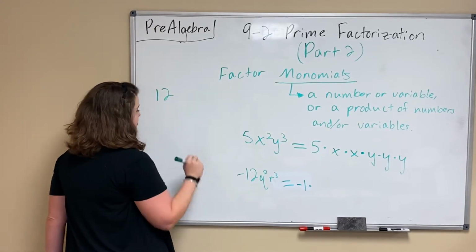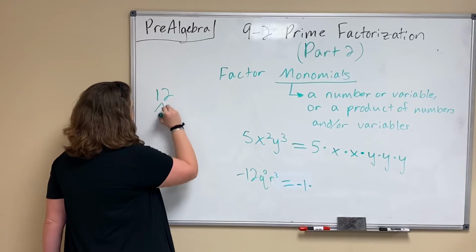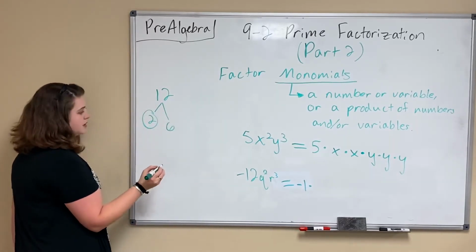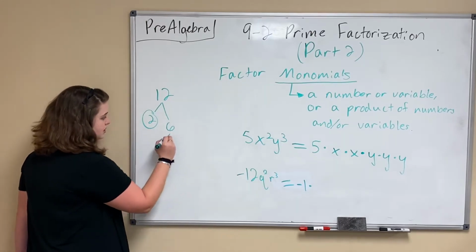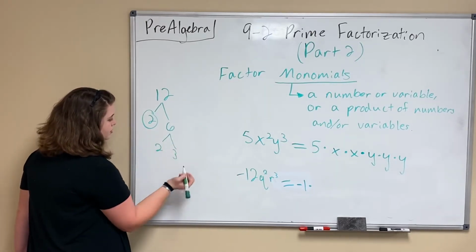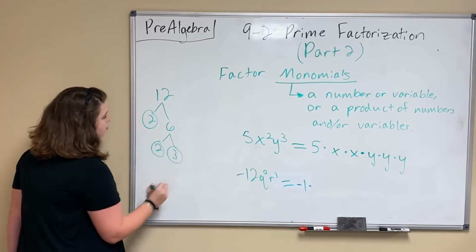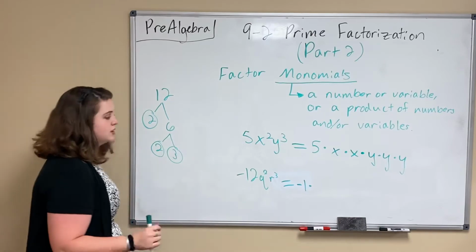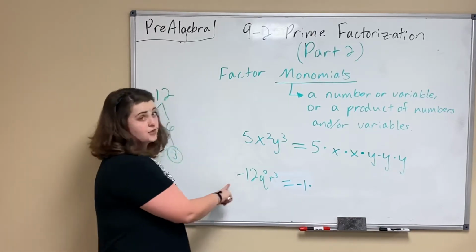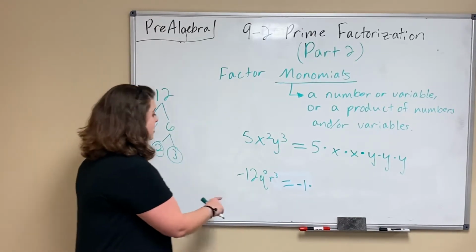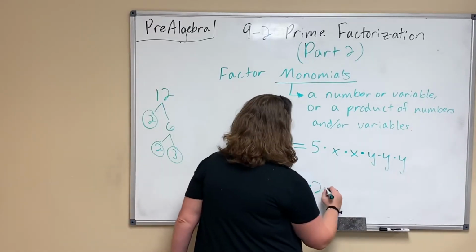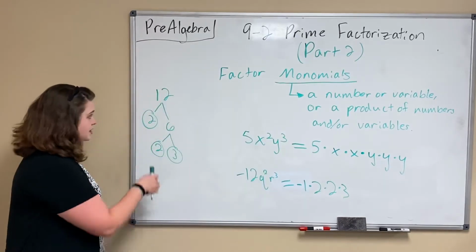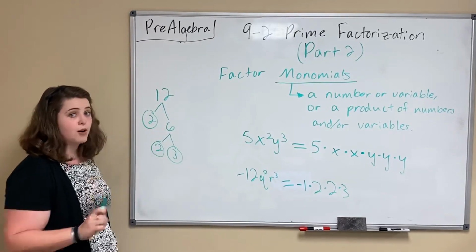So 12, we're going to split it into 2 and 6. 2 is a prime number. 6 is not, so we can split 6 into 2 and 3. So our prime factorization of 12 is 2 times 2 times 3. So we have -1 because we have a negative sign here. Then I'm going to go times 2 times 2 times 3, because that's the prime factorization of 12.